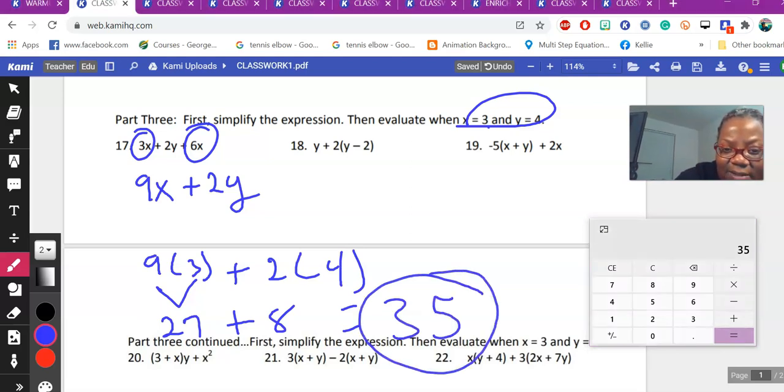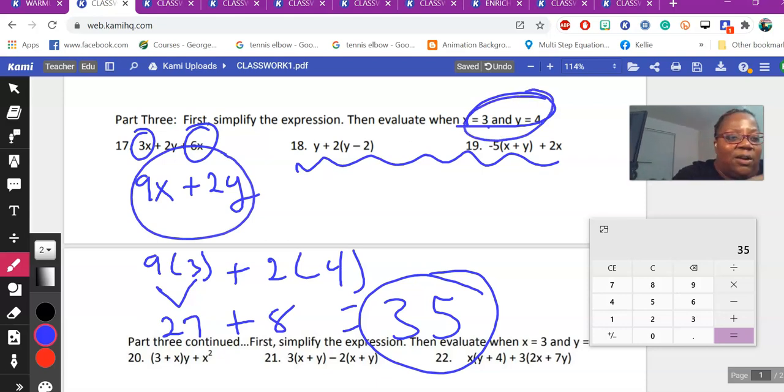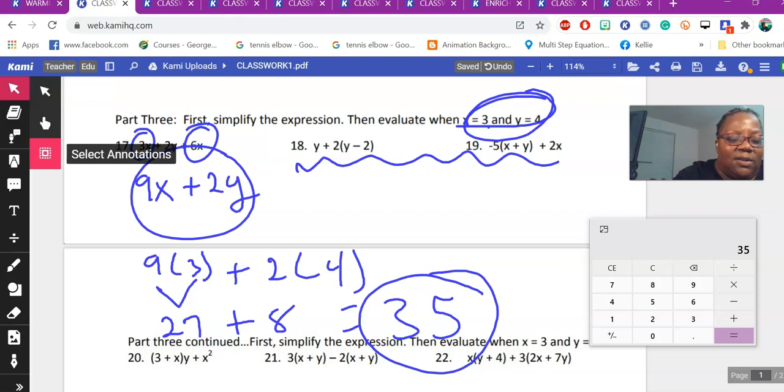Final answer for that, 35. There you go. That should make doing 18 and 19 easier. So remember, combine first, plug in your numbers, solve order of operations style.